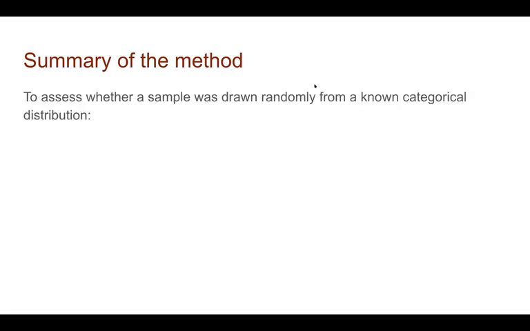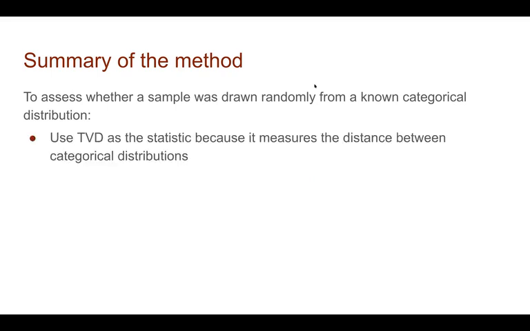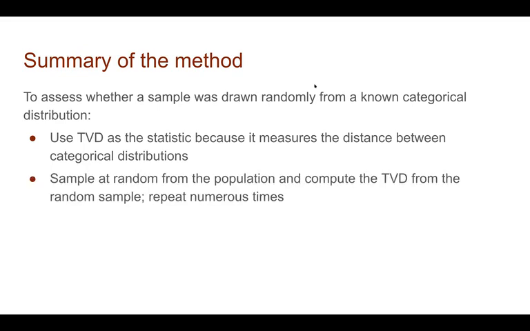Awesome. Good. All right. So the summary of what we've done here, and the question we want to ask, is whether our observed value could have been drawn randomly from a sample. When we have multiple categories, the statistic we want to use is this TVD, because we're looking at the differences in the individual categories.